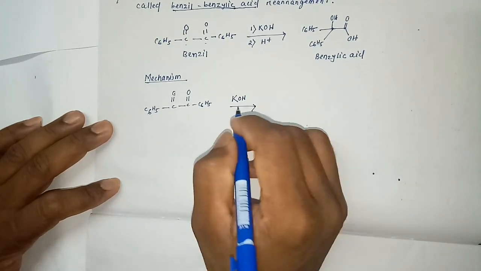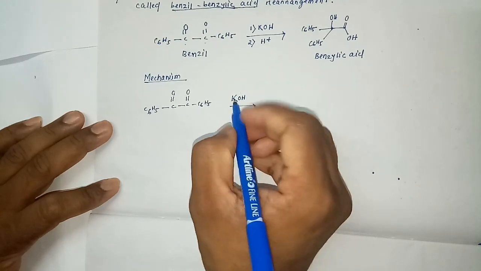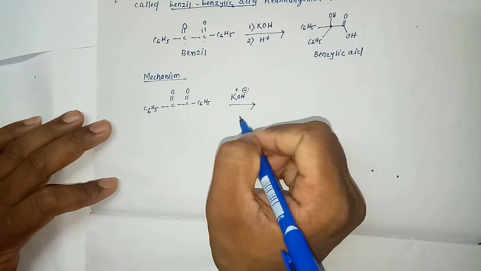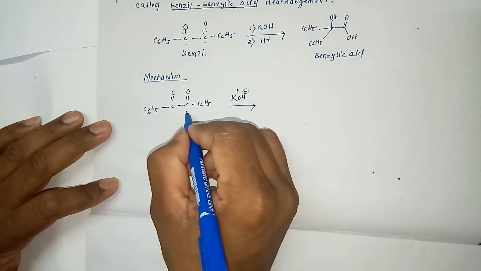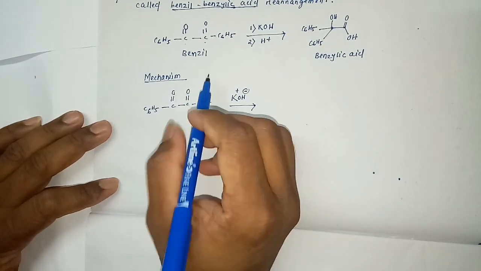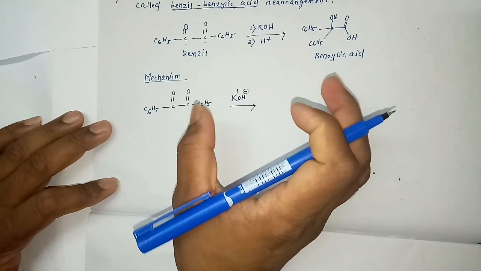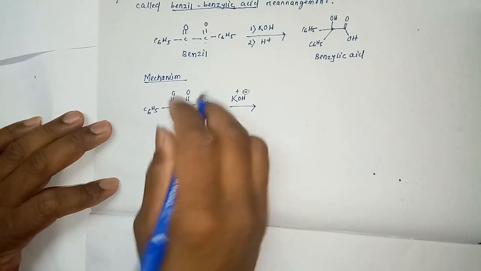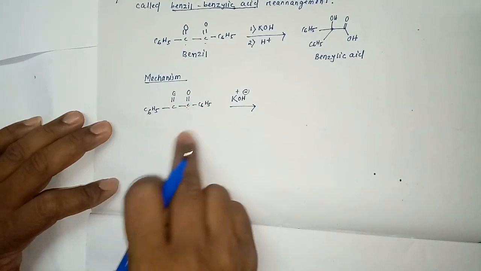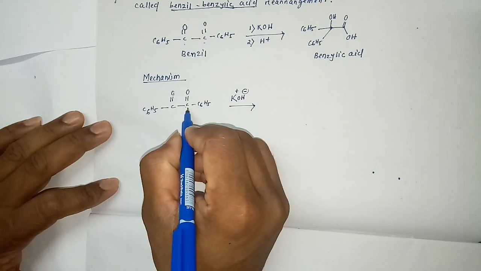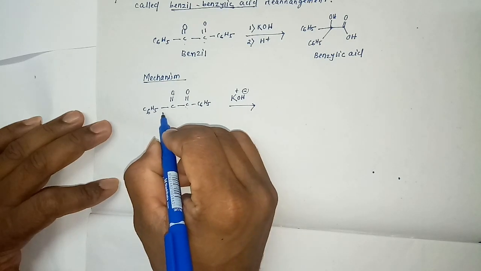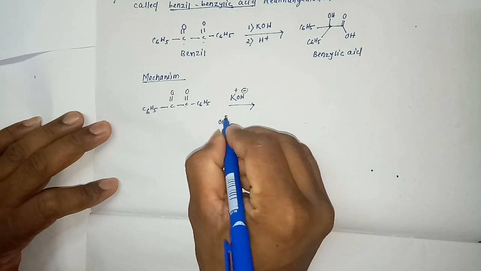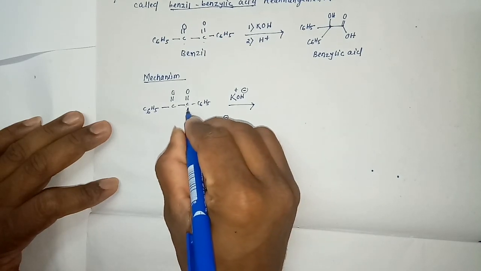We know that K plus OH minus, this OH minus will attack the electrophilic center of the benzil. This is a symmetrical molecule, so this is an electrophilic center and this is also an electrophilic center. So OH minus will attack the electrophilic center in the first step.